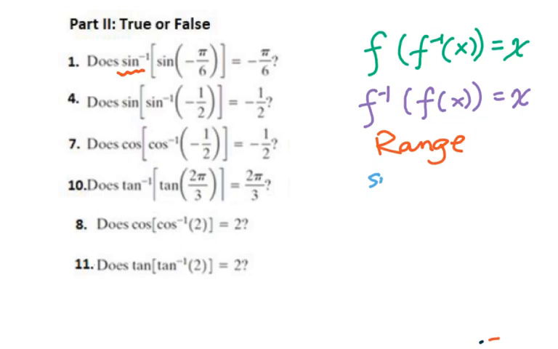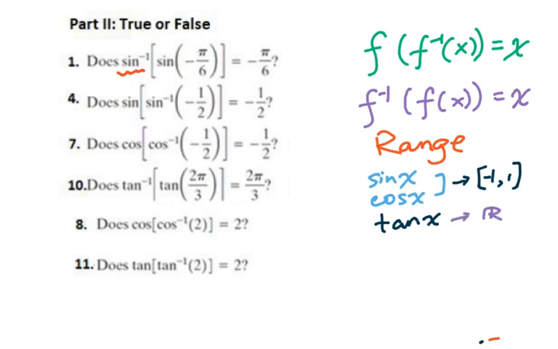As we know for sine x and cosine x, the range will be from negative 1 to 1. For tangent x, range will be all real numbers.